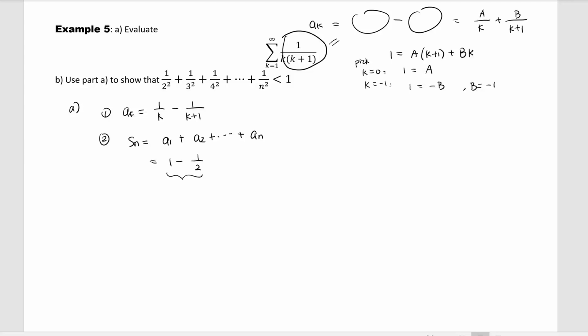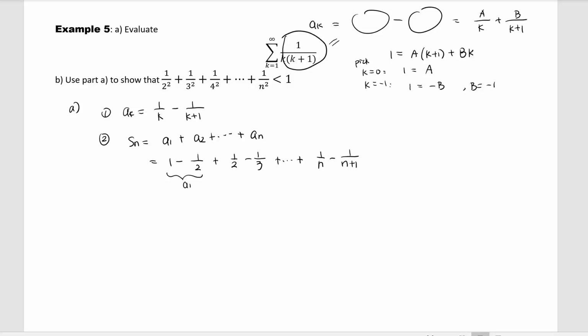So this is a1. a2, when k is 2, is 1 over 2 minus 1 over 3. And then plus dot dot dot. When we plug in n, we get 1 over n minus 1 over n plus 1.